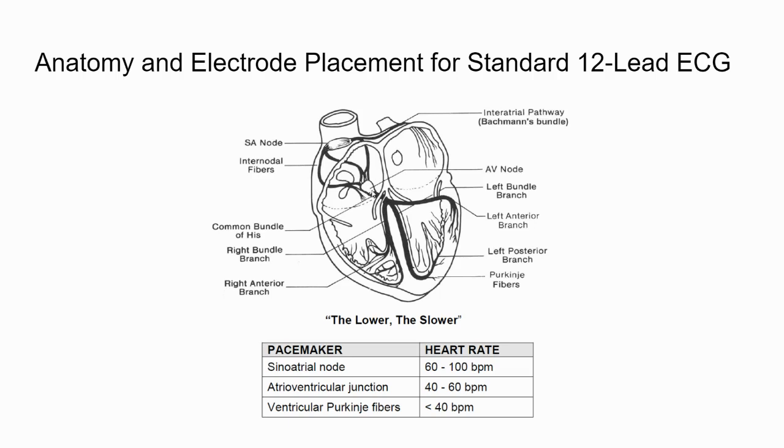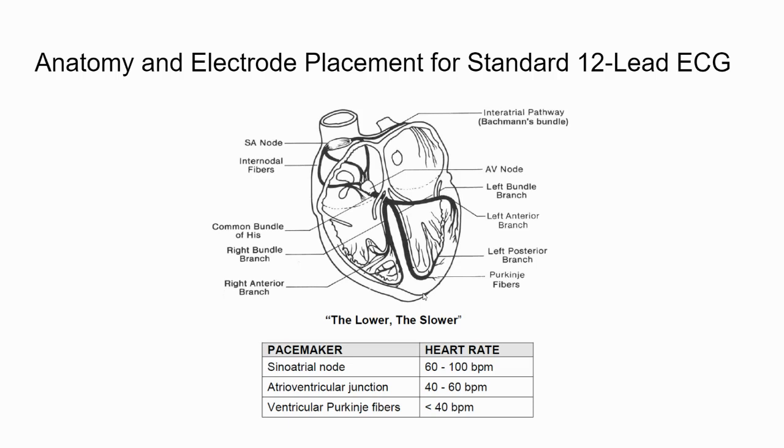But if we go down to the atrioventricular junction, it'll be around 40 to 60 beats per minute. And if we go any lower, we're going to be less than 40. So one thing you can remember is that the lower we go down, the slower the heart rate will be. This is something you're going to be looking for when you're looking at the ECG.